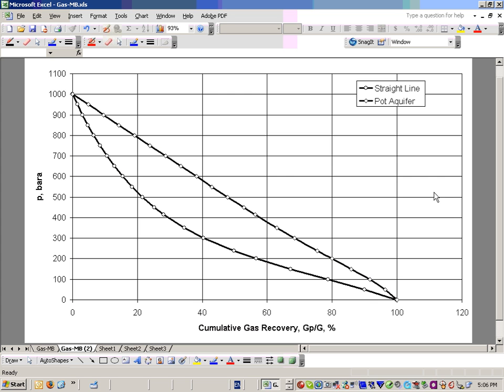Interestingly, it basically cancels out all of the z-factor effect and gives us more or less a straight pressure cume curve.